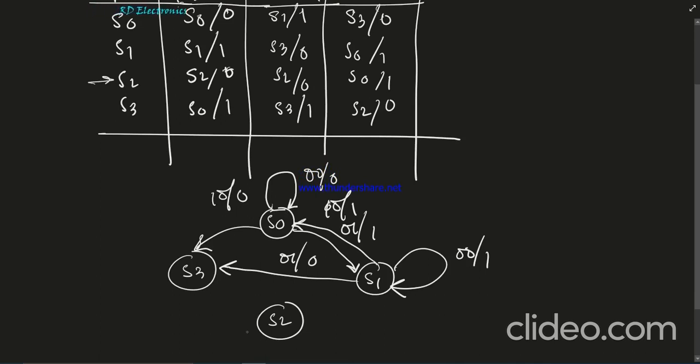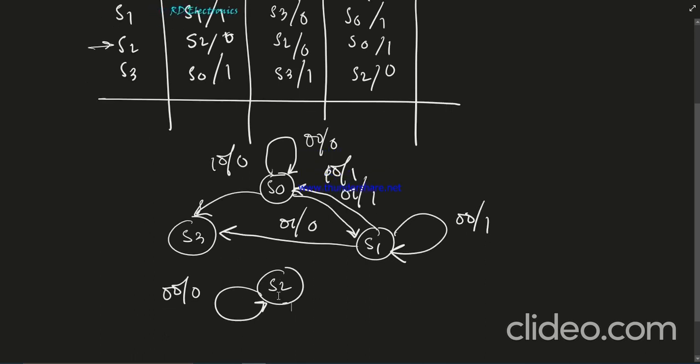For S2, one loop is created here, because this is for 0 0, and the output equal to 0. Now again here you draw with the same approach. This is also for S2. So this is for 0 1 and the output equal to 0, and goes to S0. Now from here to here, this is the condition of 1 0 and the output is equal to 1.